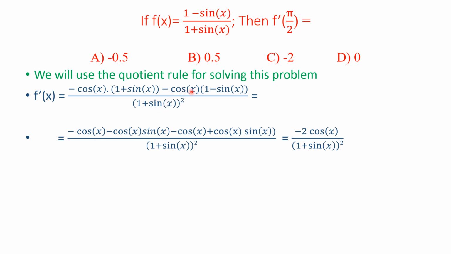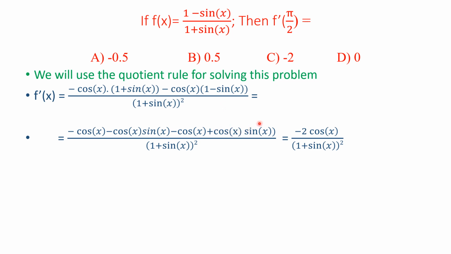Cosine x, we have to multiply it by 1, but we have to keep the sign over here, so minus cosine x, and then we have to multiply negative cosine x by negative sine x, and that will give us positive cosine x sine x.